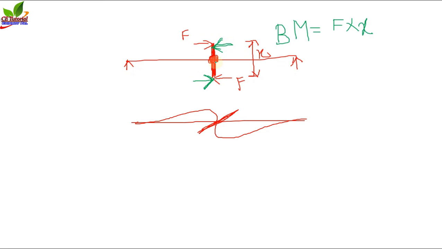Actually, it is not applied by us, it is applied by the material itself. The material itself will apply this type of couple of forces, and it will resist the external bending moment. You got my point?